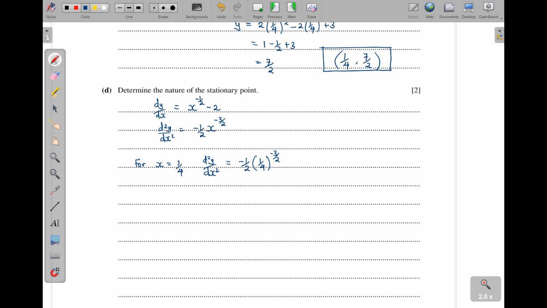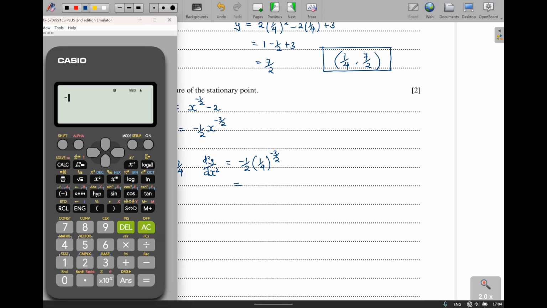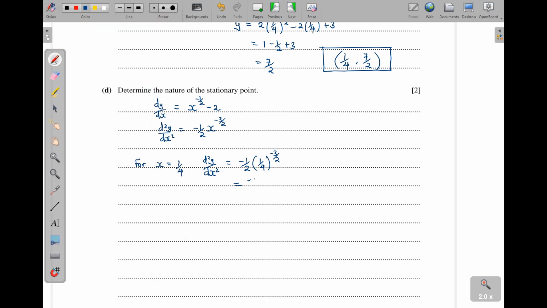Negative 0.5 into 0.25 to the power negative 1.5. This one gives us a negative 4. This negative 4 is less than 0. So hence, maximum. If the second derivative is negative, then this one here has to be a maximum.